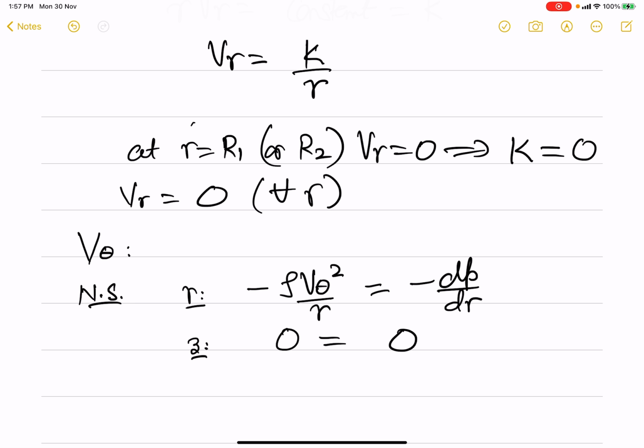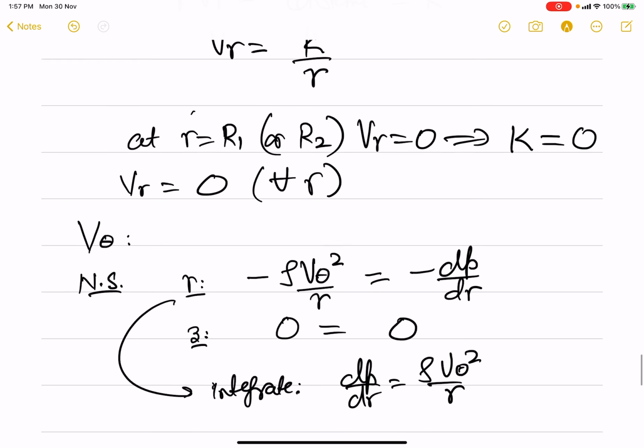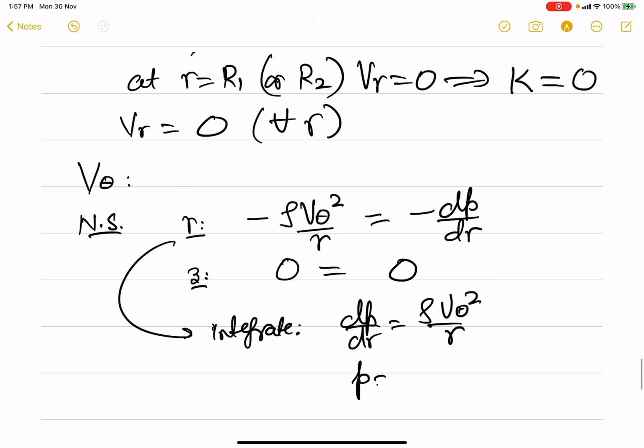Now notice we cannot integrate this equation like this. Many times students make this mistake: they integrate the r equation as dp by dr is equal to rho v theta square upon r, and then they say p is equal to rho v theta square log of r plus constant.